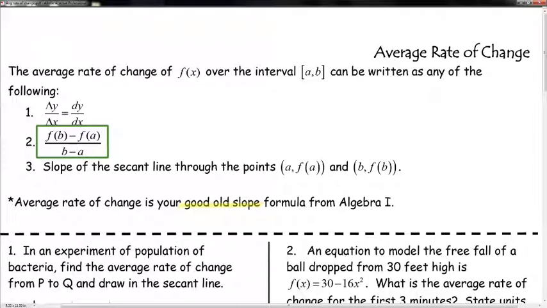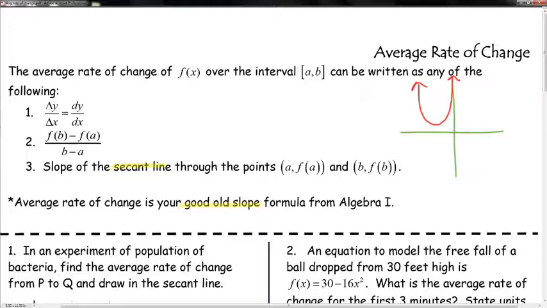Some of you may have talked about the idea of a secant line in geometry, and let me just be really clear what a secant line is. If I have a graph with a curve, we'll just do that kind of curve, a parabola.